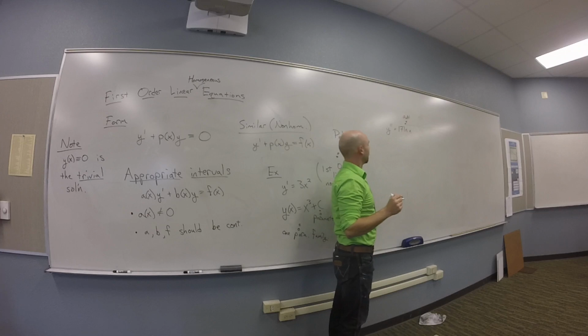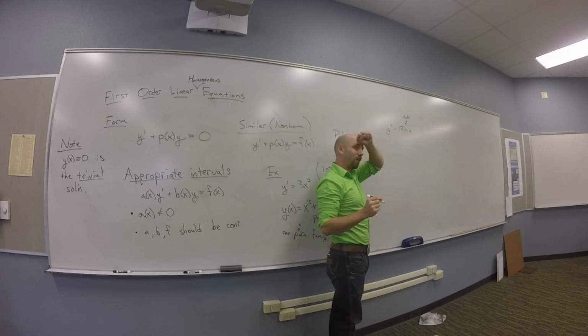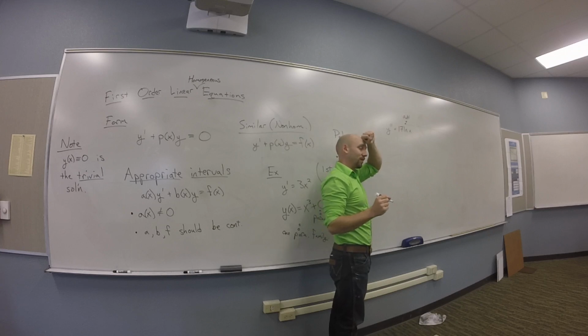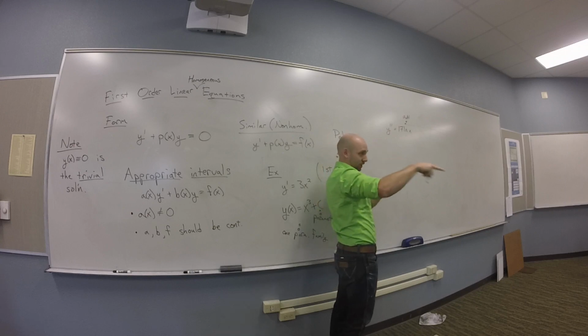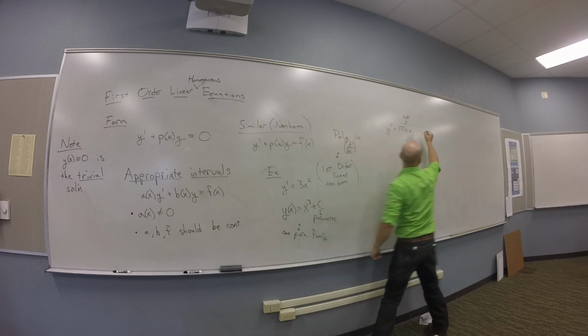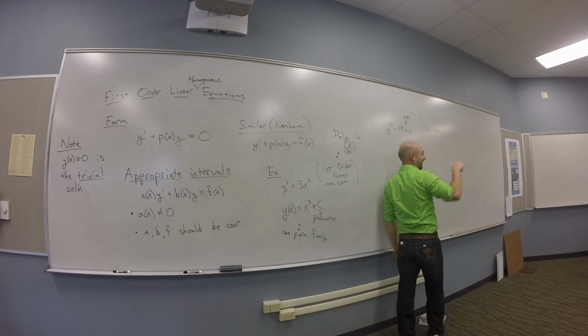And then how about this guy? Well, that's y double prime. What's the coefficient on y double prime? In this case it's 1. So this is second order, because there's a double prime. And it's linear. That is true.